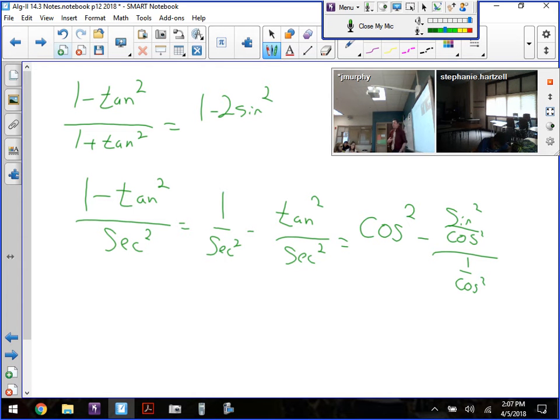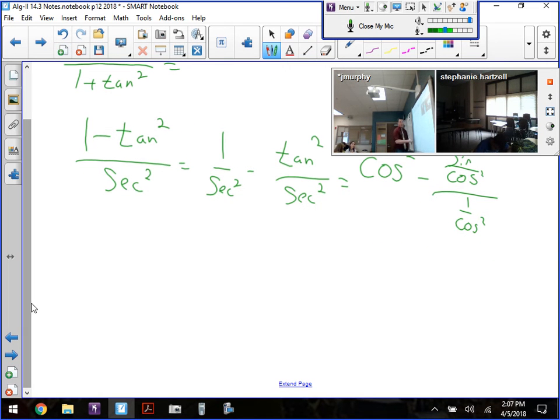And when you're dividing fractions, you're going to multiply by their reciprocal. So what happens with the cosines on the right-hand fraction? They all die, sure. So you wind up with cosine squared minus sine squared.